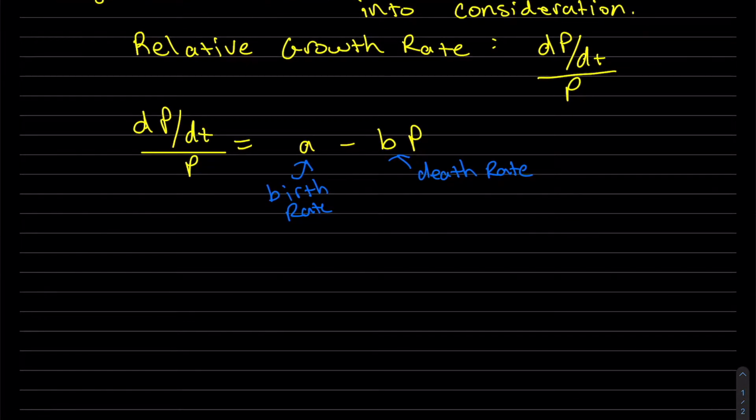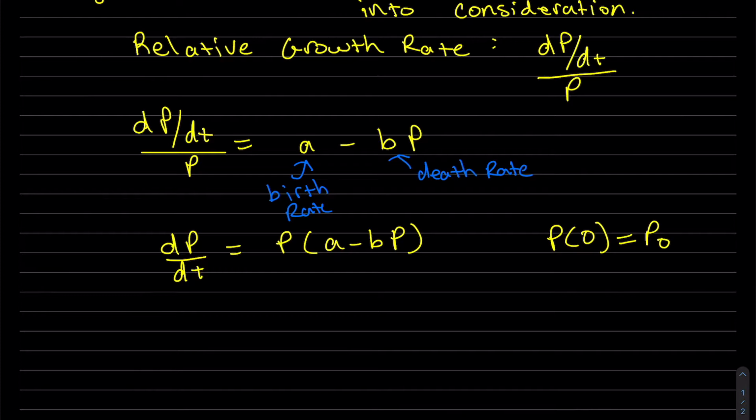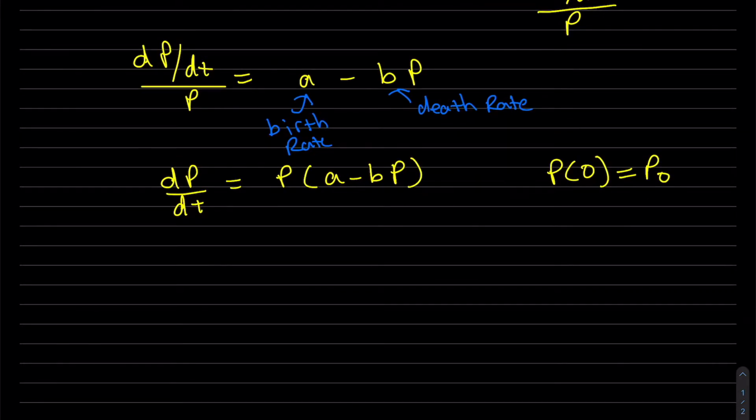So basically dP/dt, the rate of change of the population with respect to time, if I clear my fraction, is P times (a minus bP). And we're just going to call our initial population at time equals 0, P naught, some initial population that we can plug in at a later time. We're going to solve this in general.